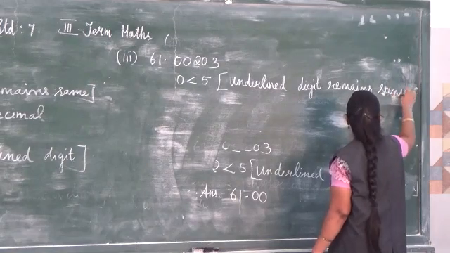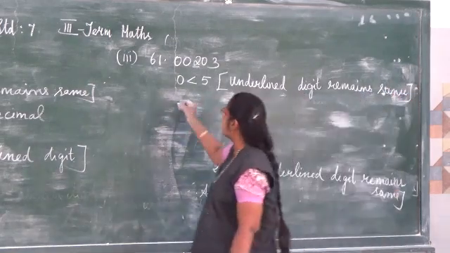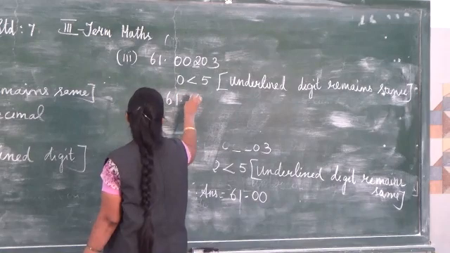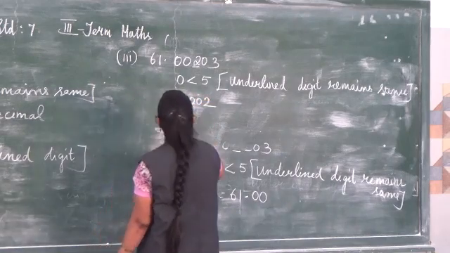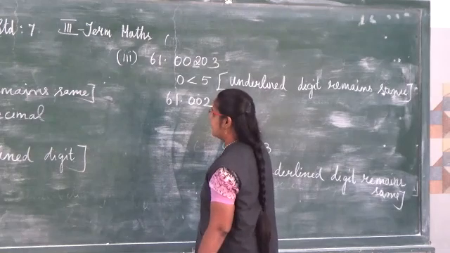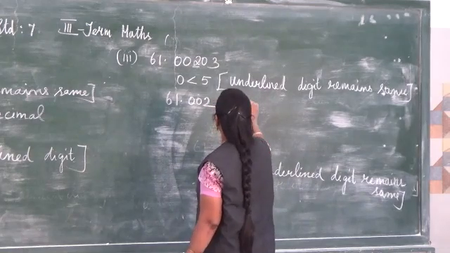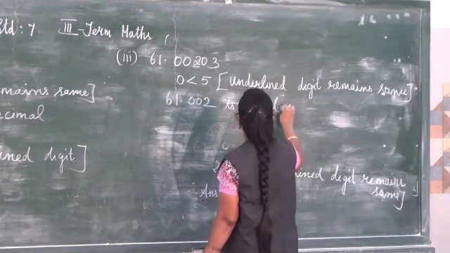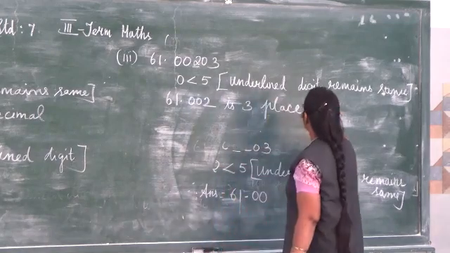So the answer is 61.002, rounded off to 3 places of decimal.